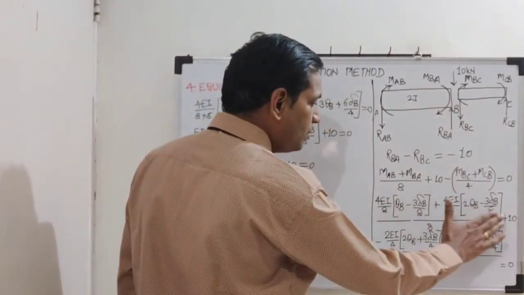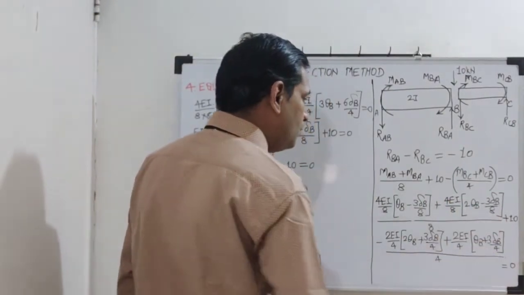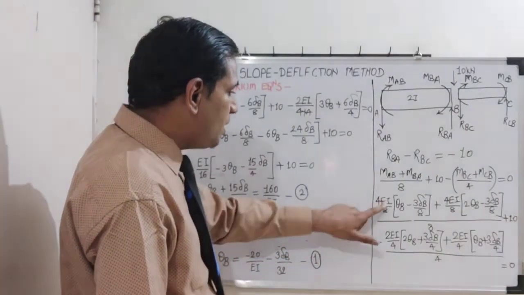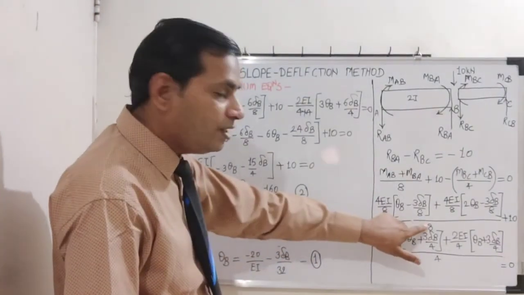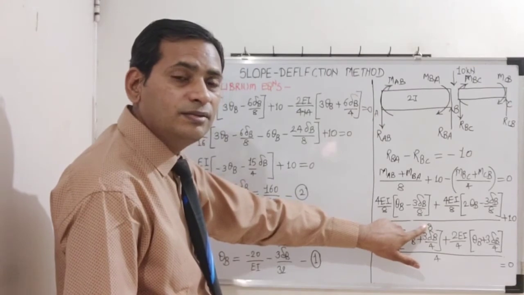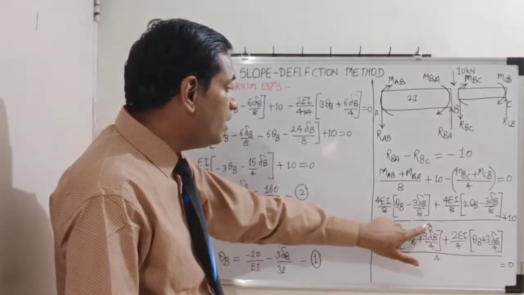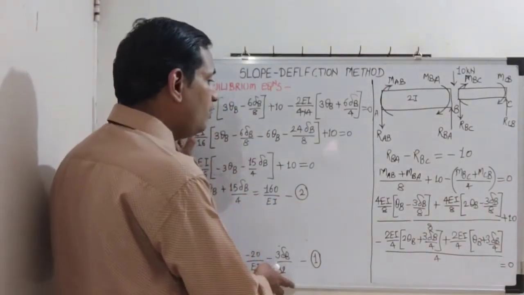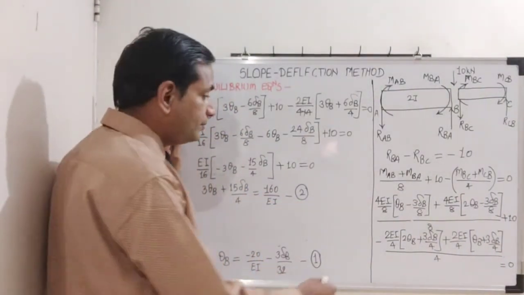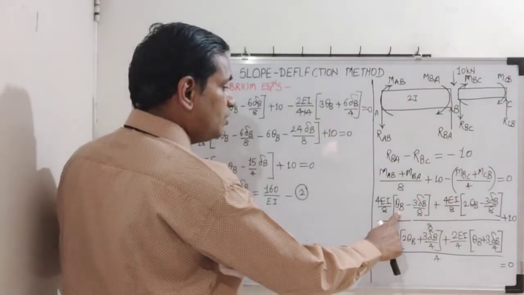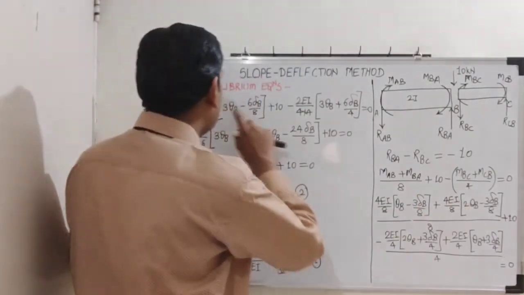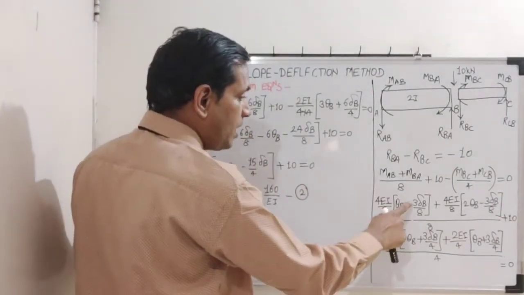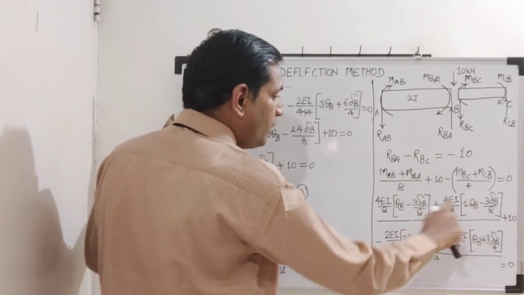Now I am going to simplify this ahead. So I have taken 4EI upon 8 into this 8 in the denominator. Please see. 4EI upon 8 into 8 into bracket. This is theta B plus 2 theta B. So this becomes 3 theta B. Then minus 3 delta B by 8. It is 2 times.